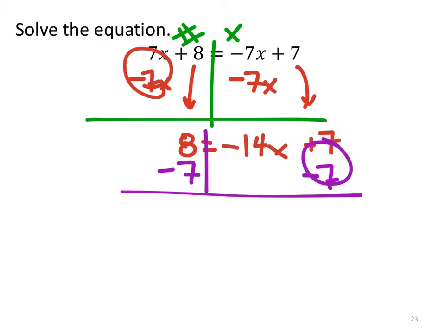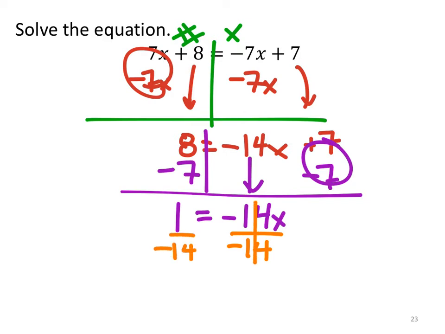And that does zero out, so I've got 8 minus 7, which is 1. And it equals negative 14x now, so I'll just drop, and yeah, I don't need to worry about that 0 because it's gone. I just made it a phantom 0. But I don't want negative 14x's, I want 1x, so I'm going to divide both sides by negative 14 to make that 1x. And 1x now equals, well, we'll show it as negative 1 over 14 like this.